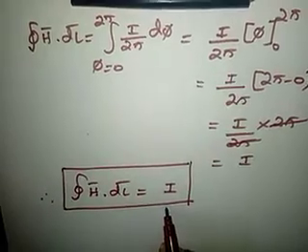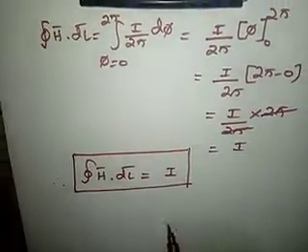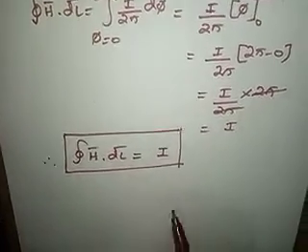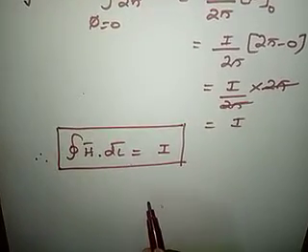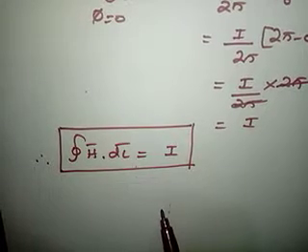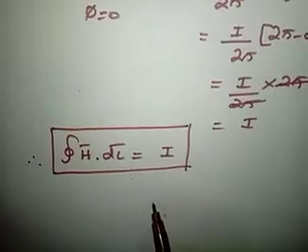It can be any irregular shape, but it should be a closed path and it should enclose the current. Then Ampere's circuital law definitely will hold good for that particular path. Fine. So this is how we have found the equation. We have done the proof of Ampere's circuital law.